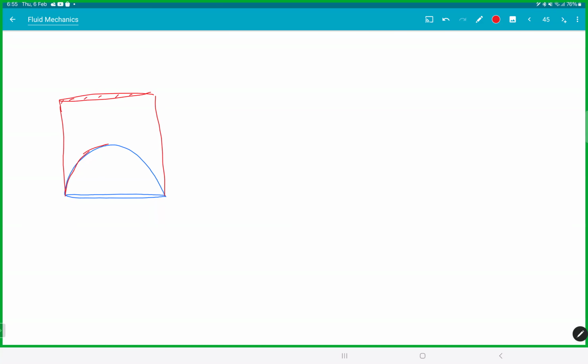If someone asks you to find the force on this piece, the force on that piece will be only due to the weight of this water. This would be mg. This would be P naught into area. That area has to be given. So this is the force on the upper curve.